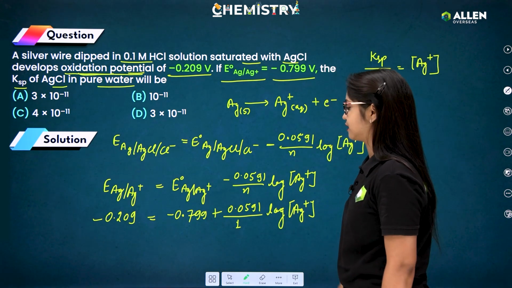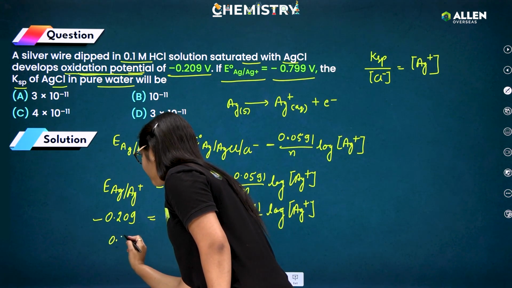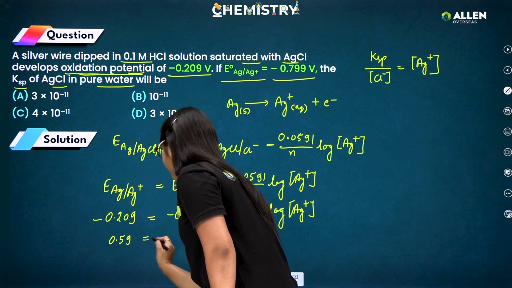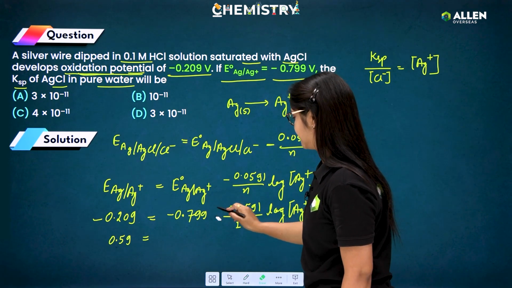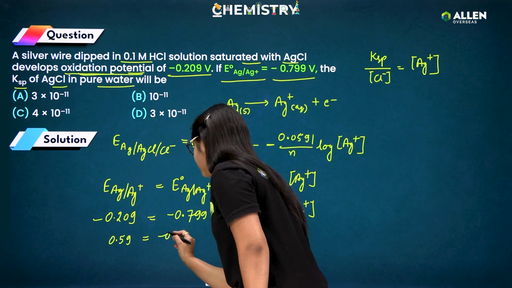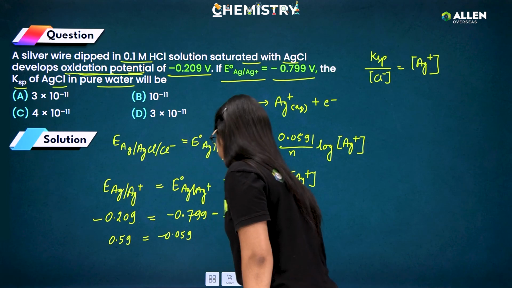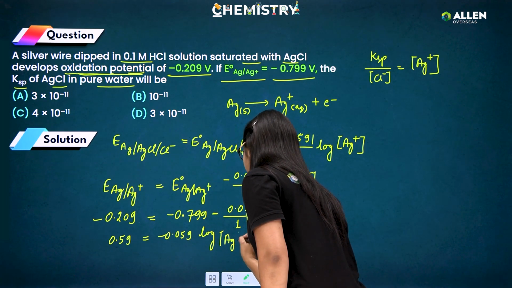This is what we have to calculate, right? If we take it to that side, here you will get 0.59 positive, and here this will be negative actually, minus 0.059 log concentration of Ag plus ion.